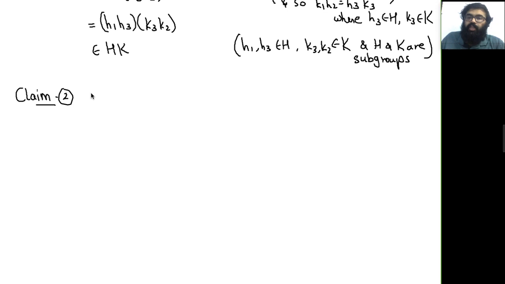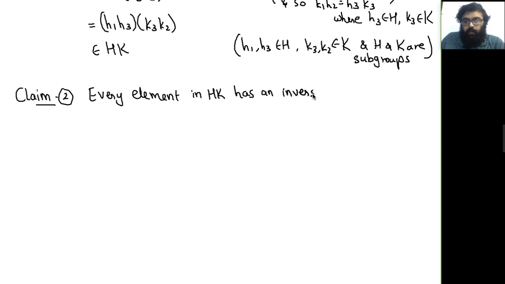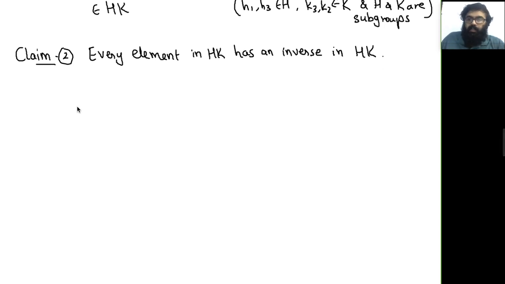Claim 2: every element in HK has an inverse in HK. Right? So let us take one element. Let x belong to HK.